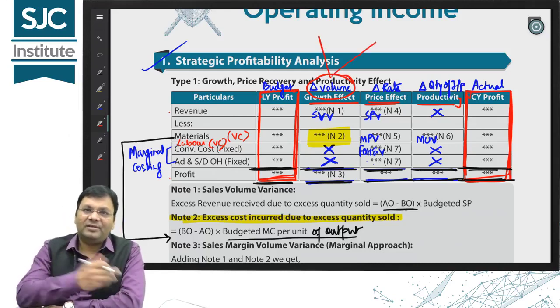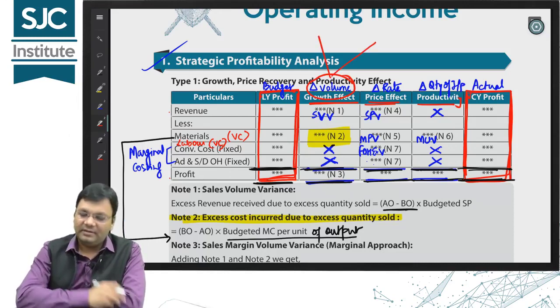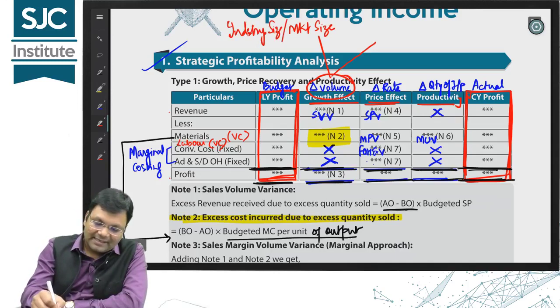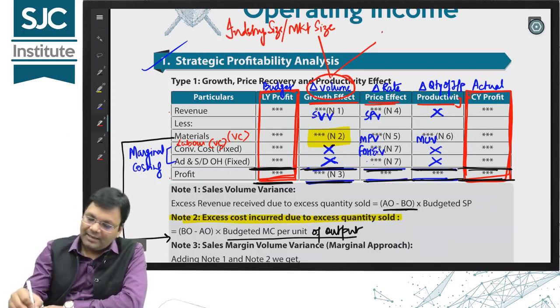Why will there be extra sales? There will be two reasons for this. One is the market size effect. Market size means industry size, so this means the industry has grown. And another is the market share effect.